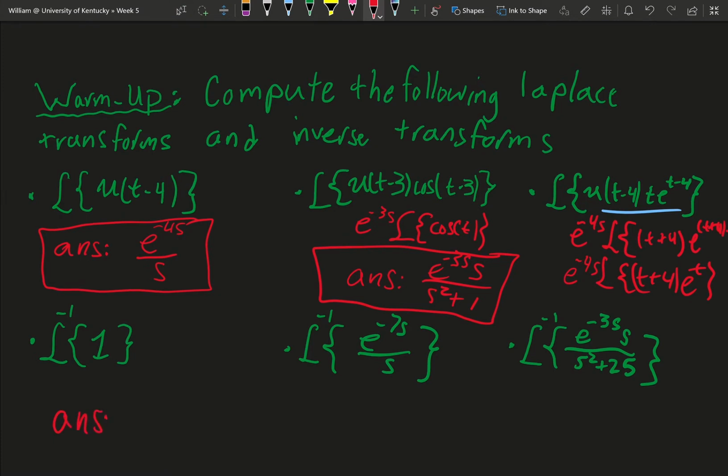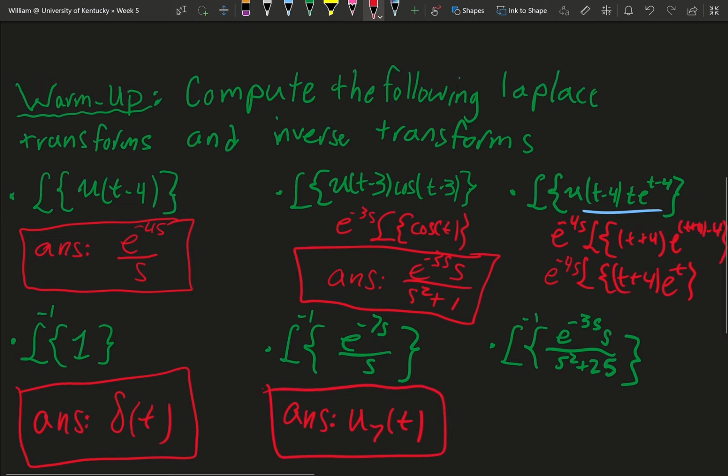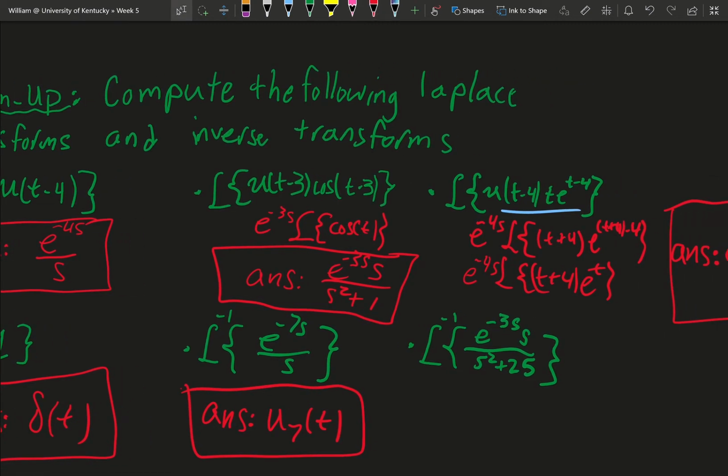Okay, the inverse Laplace transform of 1, that's just the delta function. The inverse Laplace transform of e to the negative 7s over s, the answer there is going to be the Heaviside function beginning at 7. And here we can see that this inside is e to the negative 3s times the Laplace transform of cosine of 5t.